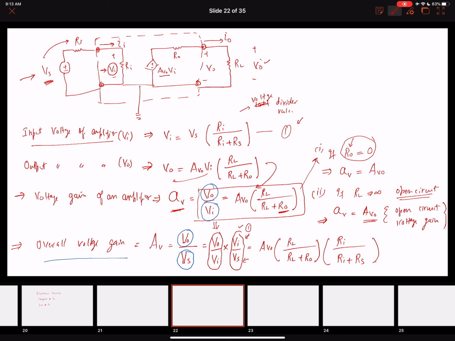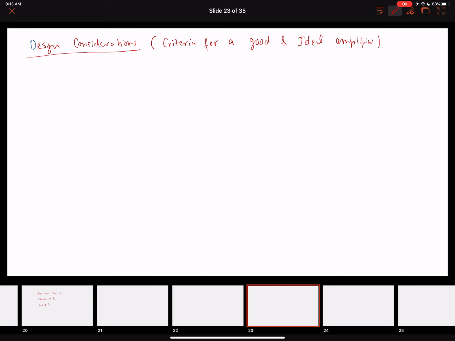So this is one of the criteria, and I'm going to talk about it again. All right. So design considerations. The first design consideration is that our input resistance should be extremely larger than the source resistance, right?